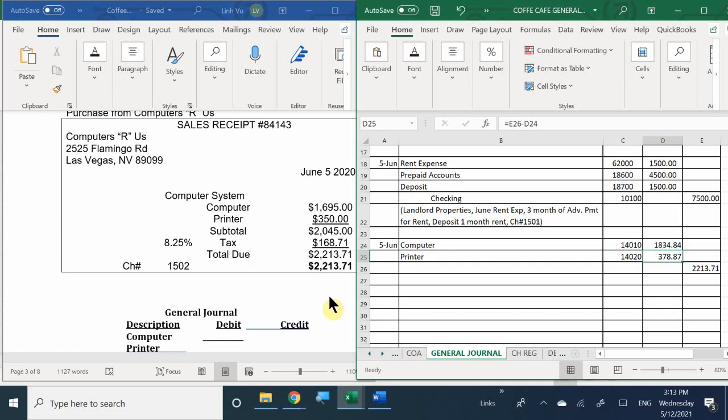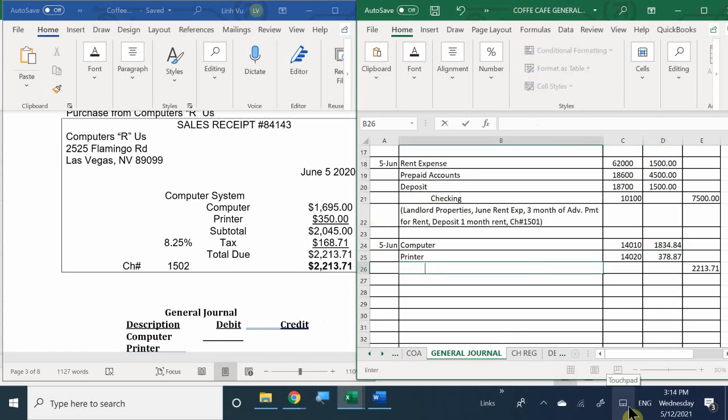If you wrote a check out for $22,013.71, your books cannot show that extra penny. Okay, because you didn't pay an extra penny to this company. All right? Is everyone good so far?